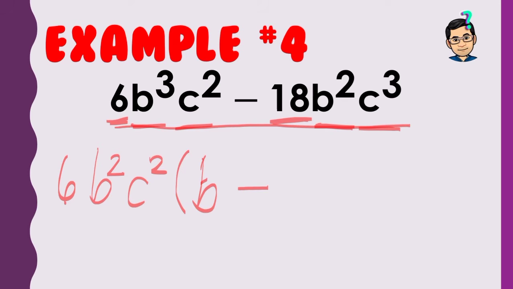Minus 18 divided by 6, that is 3. B squared divided by b squared is cancelled. C cubed divided by c squared is c. And so this is the factored form of 6b cubed c squared minus 18b squared c cubed.